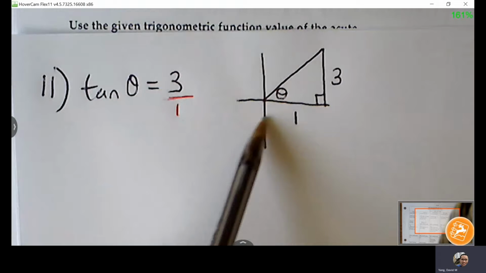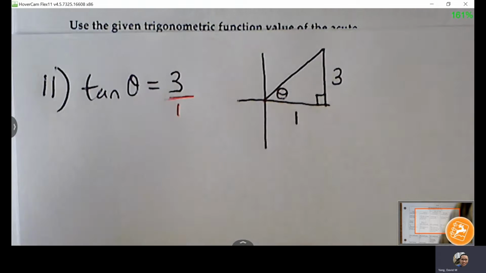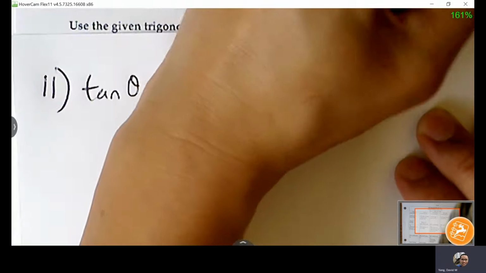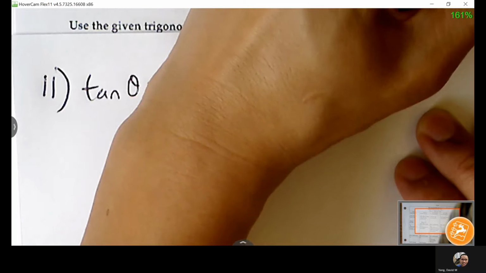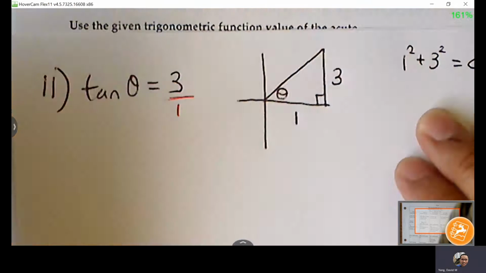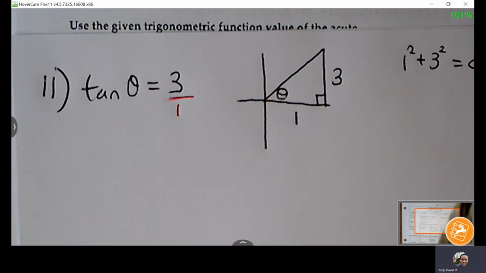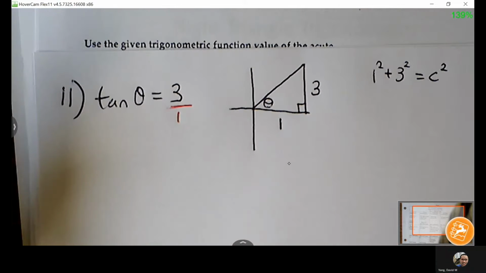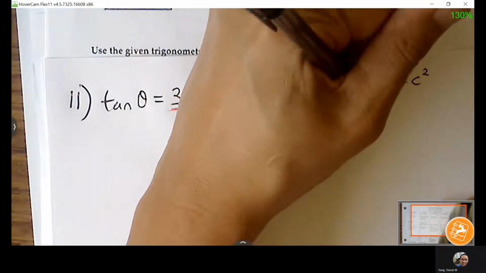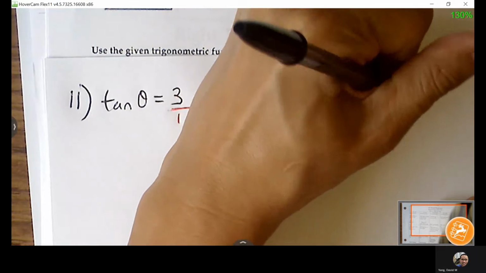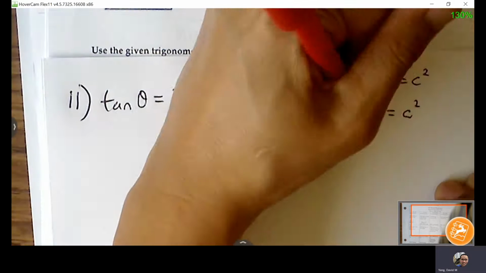We can find the missing side using the Pythagorean Theorem: a squared plus b squared equals c squared. Take the square root of both sides.